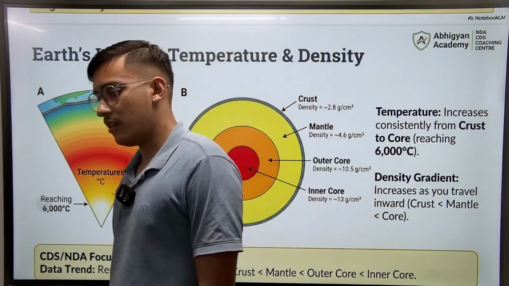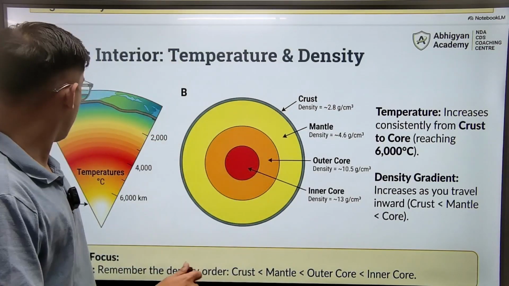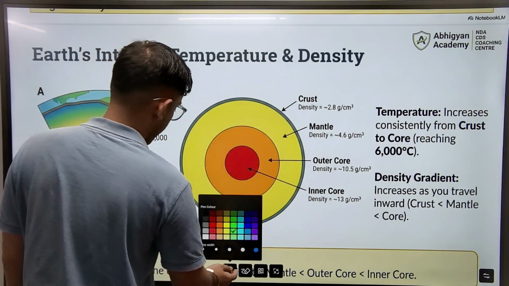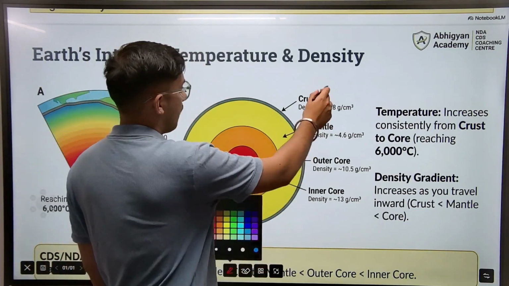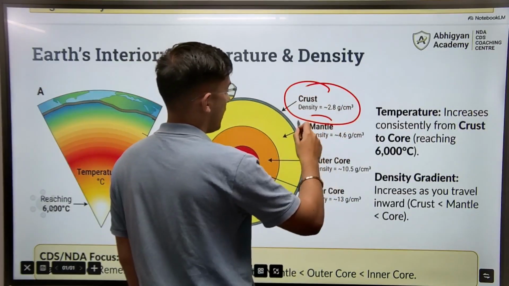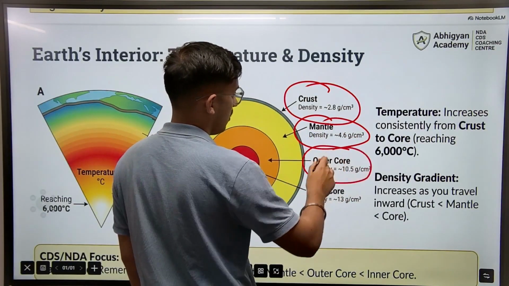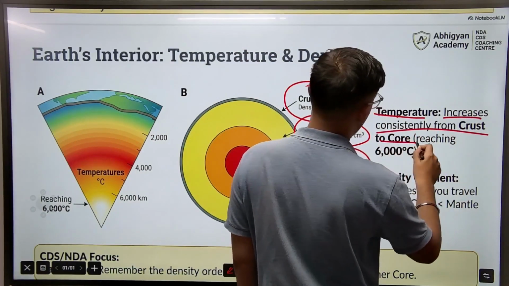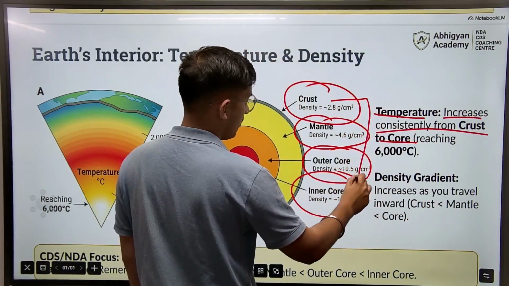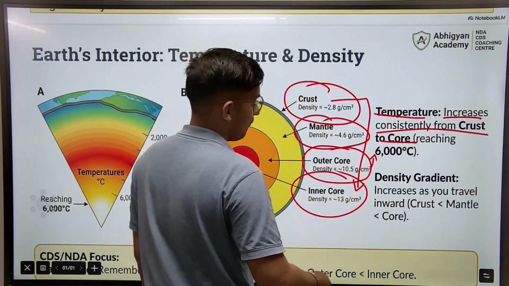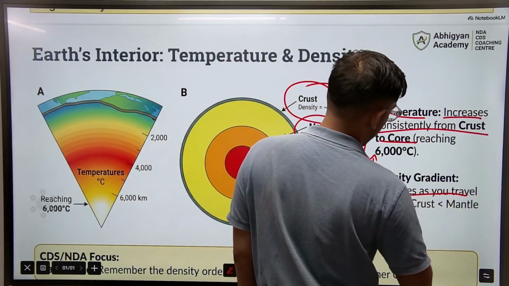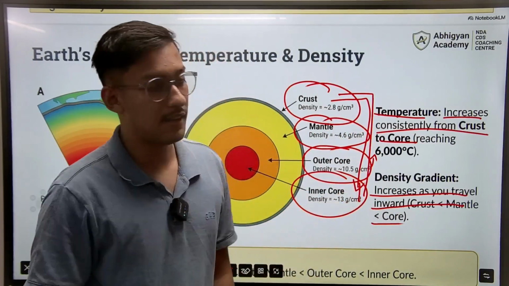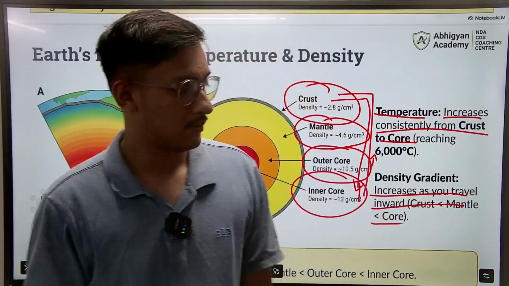The layers of the earth are the crust, mantle, outer core, and inner core. Temperature increases from crust to core. From here to here, temperature is always increasing. And density increases as you travel inward, that is crust, mantle, and core. So both temperature and density increase as you move towards the inner Earth.